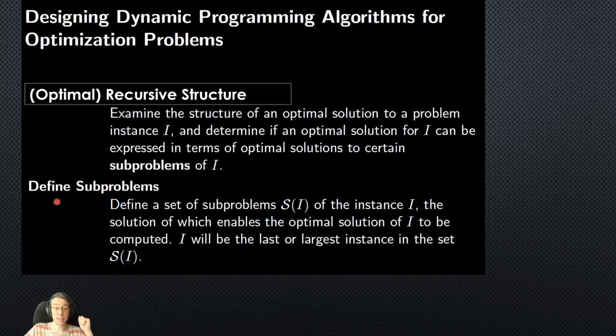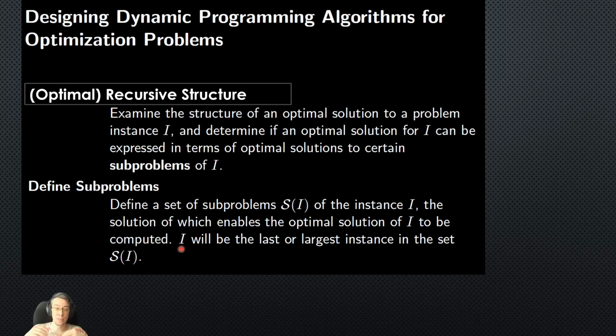Okay, so once you've verified that your problem has this optimal recursive substructure property, then you want to define your subproblems. So just like in divide and conquer, you have to define a set of subproblems, S of I, for the instance I, and solving these subproblems should enable the optimal solution to the large problem to be computed. And the idea is I is going to be the last or the largest instance in these subproblems.